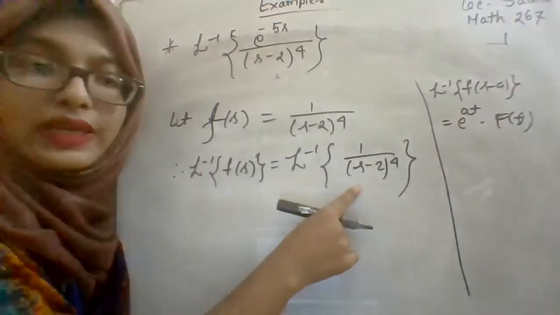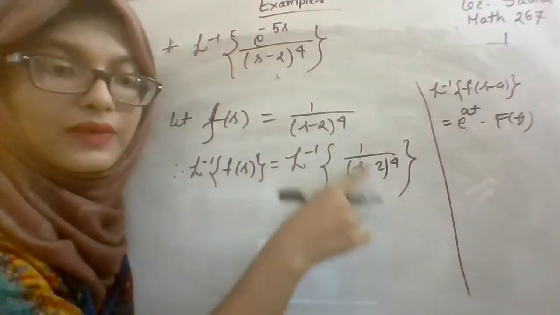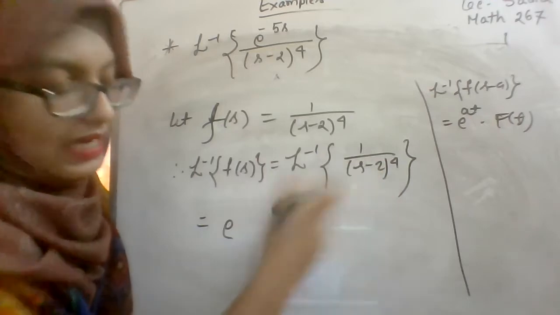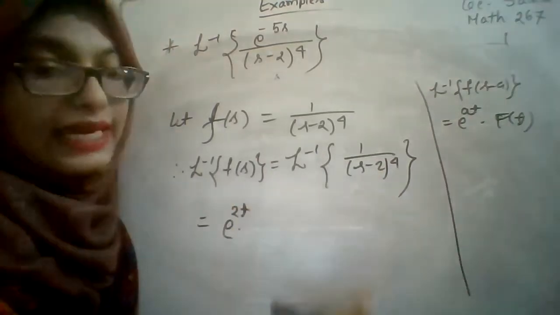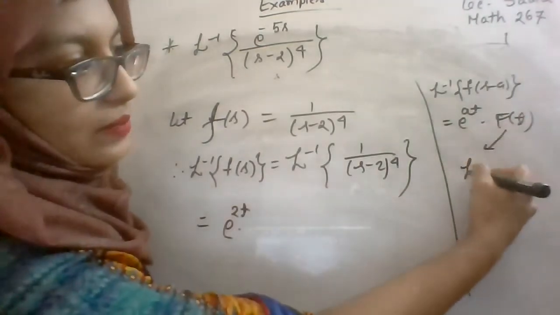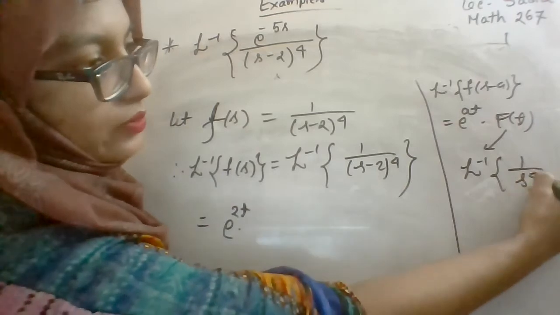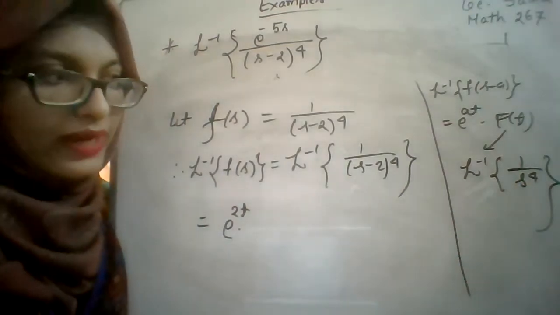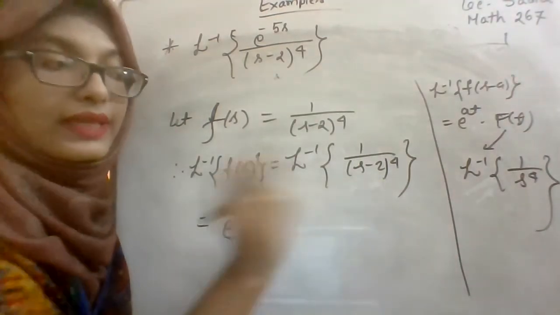And here, if we consider a is equal to 2, then it will be a function of f of s minus a, and the formula is e to the power at. A means 2. So e to the power 2t into f of t. And f of t is the inverse Laplace transformation of 1 by, here it will be only s to the power 4, right? Inverse Laplace transformation of 1 by s to the power 4. That means here s minus 2 will be replaced by only s.